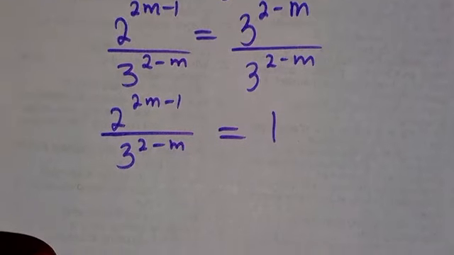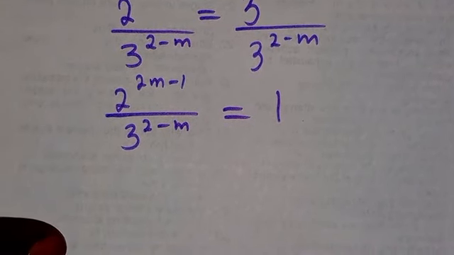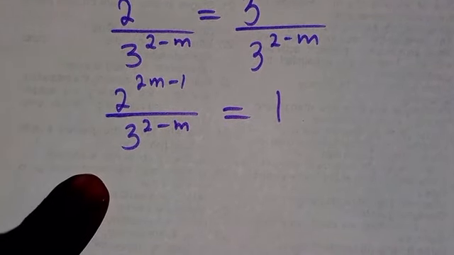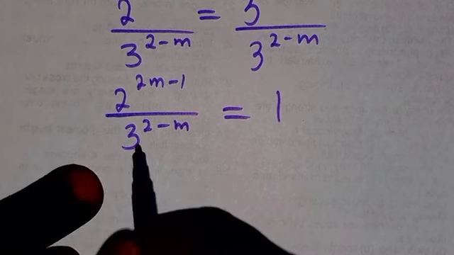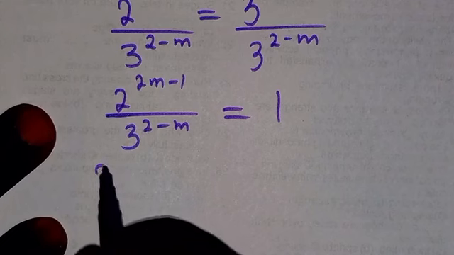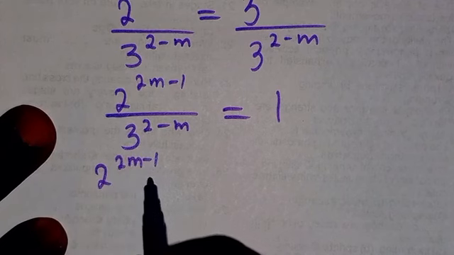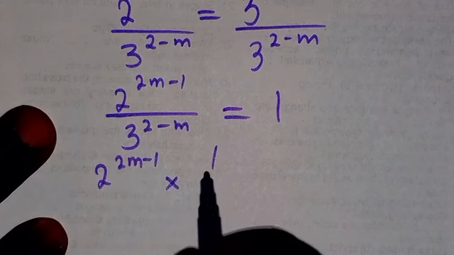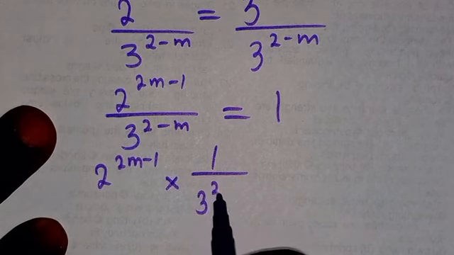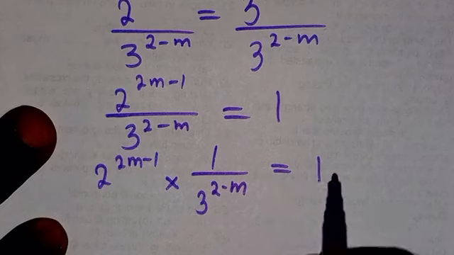So now we can rewrite something here. I can split this as 2 to the power 2m minus 1 multiplied by 1 over 3 to the power 2 minus m equals 1.